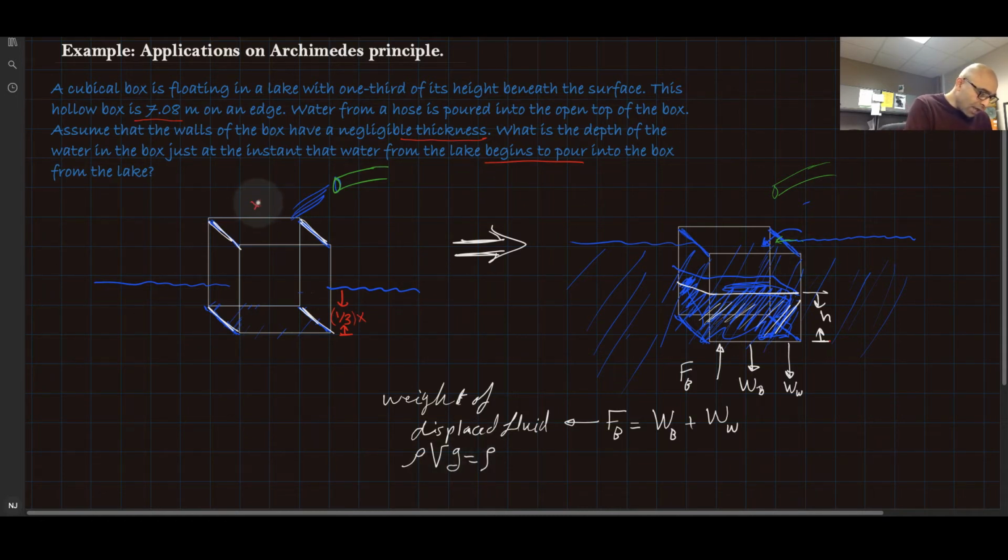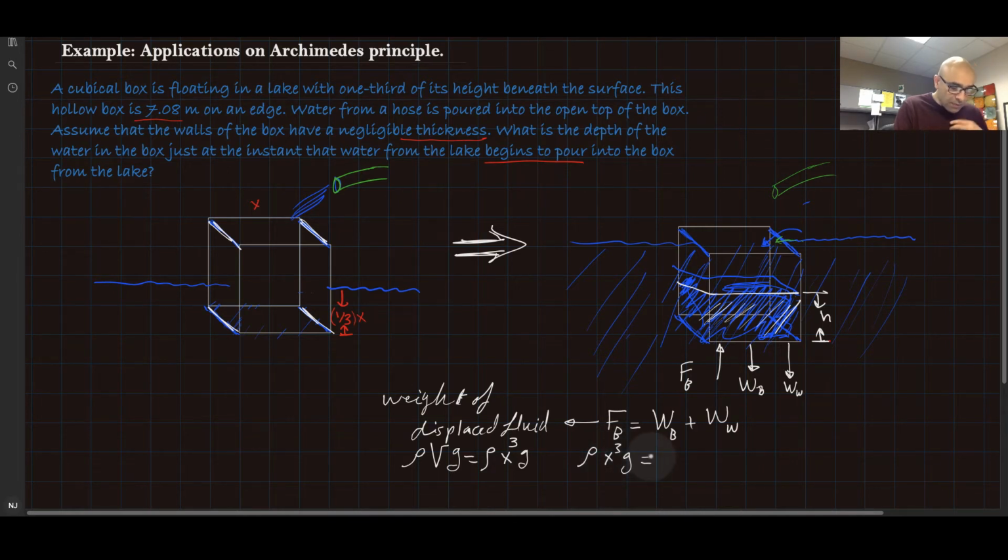If x is the side of the cube, then the volume of the cube is x times x times x, which is x cubed. So the buoyant force is rho x cubed g.